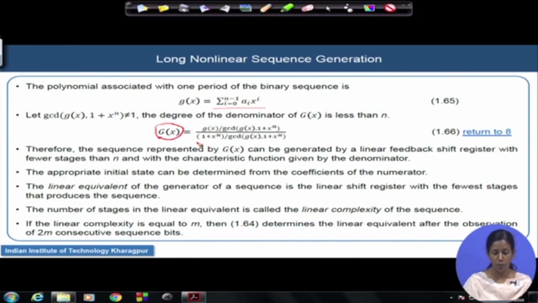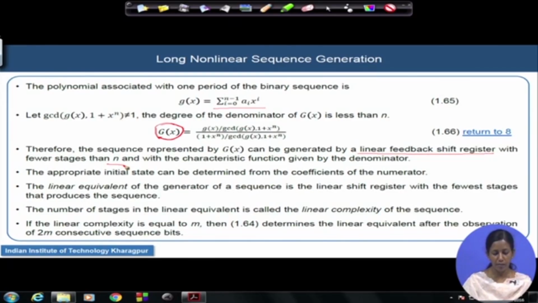If the greatest common divisor of g(x) and 1 plus x to the power n is not equal to 1, then the degree of the denominator will always be less than n, and therefore the sequence generated by this generating polynomial can be generated by a linear feedback shift register with very few stages compared to n.